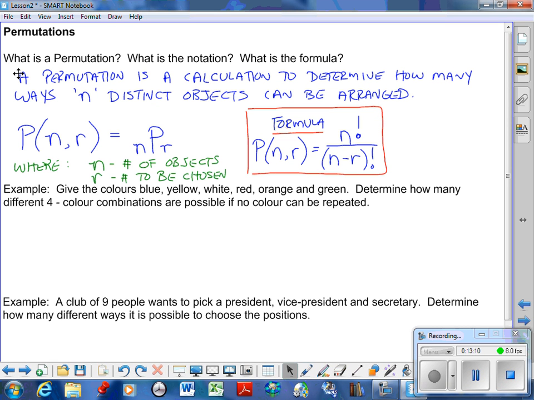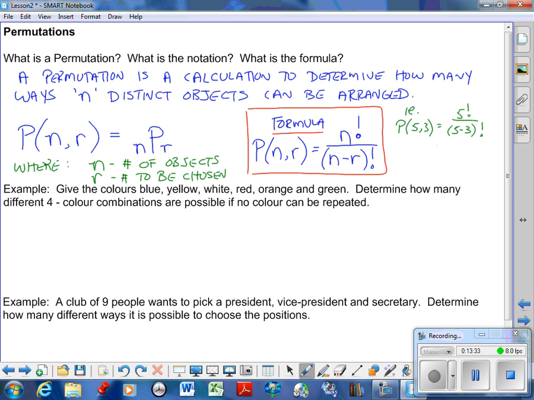And I'm just going to do a quick example. So let's talk about this. What happens if you have the permutation of, and I'm going to keep the numbers small, 5, 3. Permutation of 5 choose 3. So that would mean you'd have 5 factorial on top. I'm just looking at the formula. And then on the bottom would be 5 minus 3 factorial.